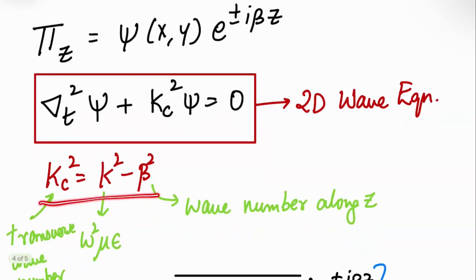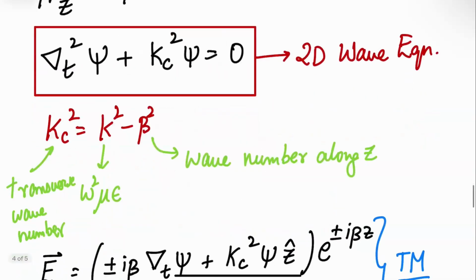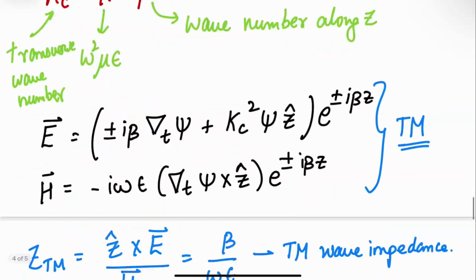And we also need to find a dispersion relation. What is beta for a given medium? Once we know beta, we can find Kc, or you find Kc and that gives you beta. So these are really the unknowns. Different waveguide problems will give you different solutions for these, and that's what we'll take a look at next.